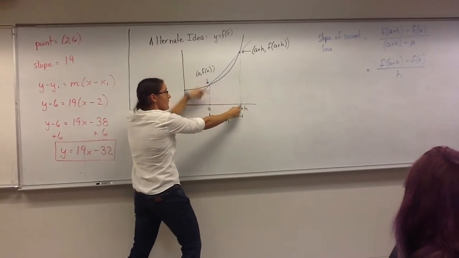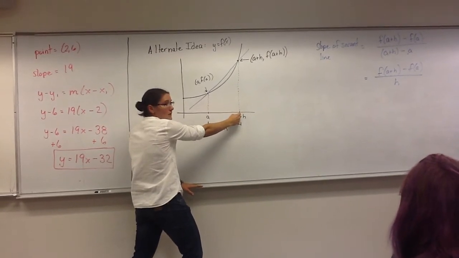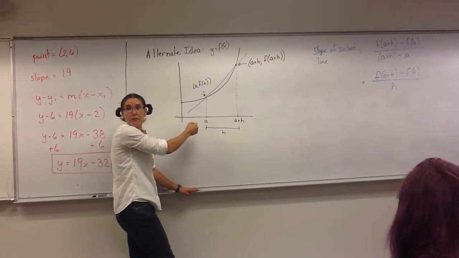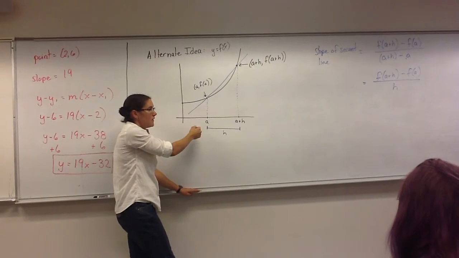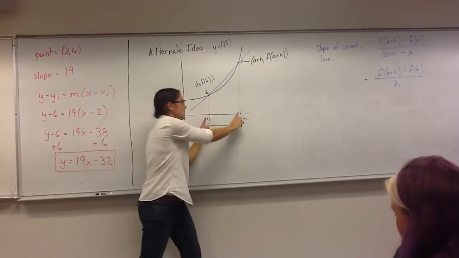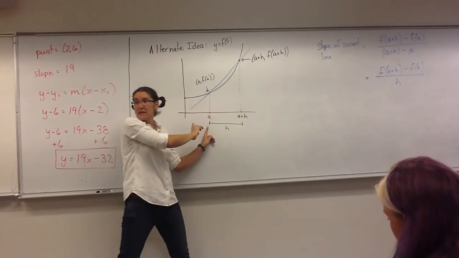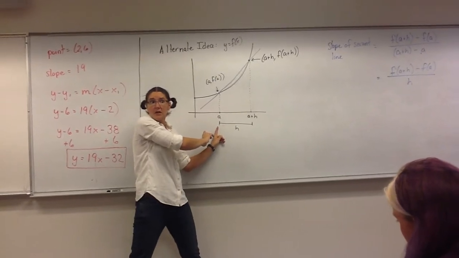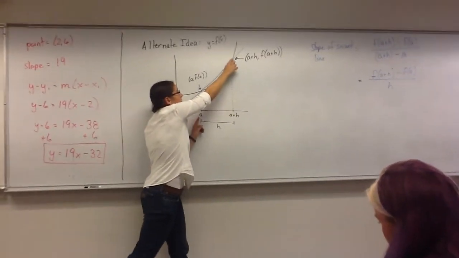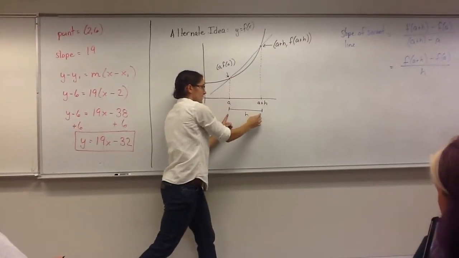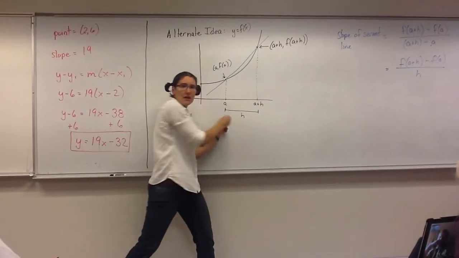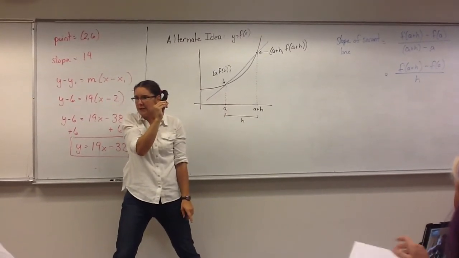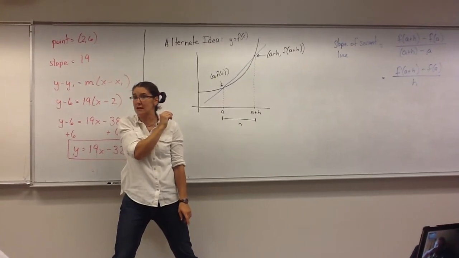And so I'm allowing this a plus h x value to get close to my a value. Another way to say that is that I'm shrinking this distance of h. And so really, as I move my top point downward, I'm making h get really tiny. In other words, I'm taking a limit as h goes to 0.